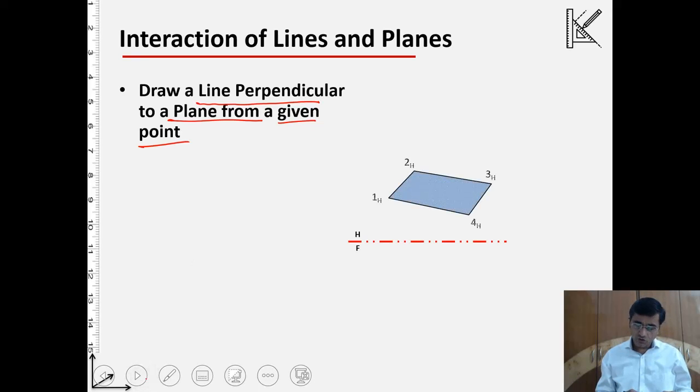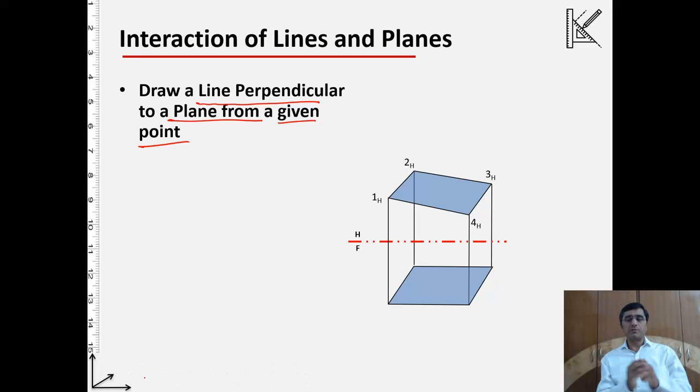Again, the horizontal projection and the frontal projection of a given plane. This is how the plane is, and in this case you will notice that this side of the plane is parallel to the horizontal. What is the meaning of it? The meaning is that this will be the true length, because we know about the lines.